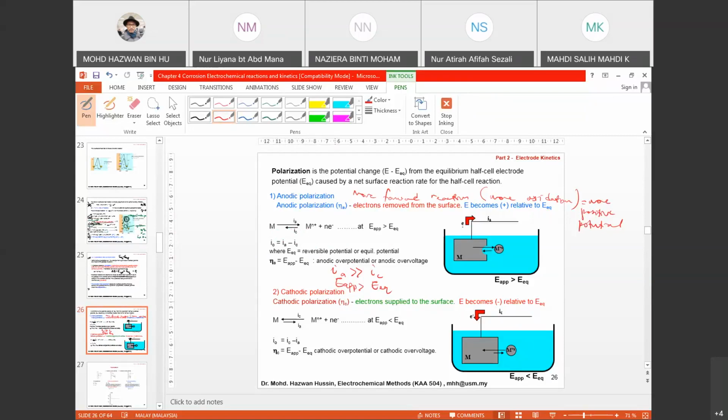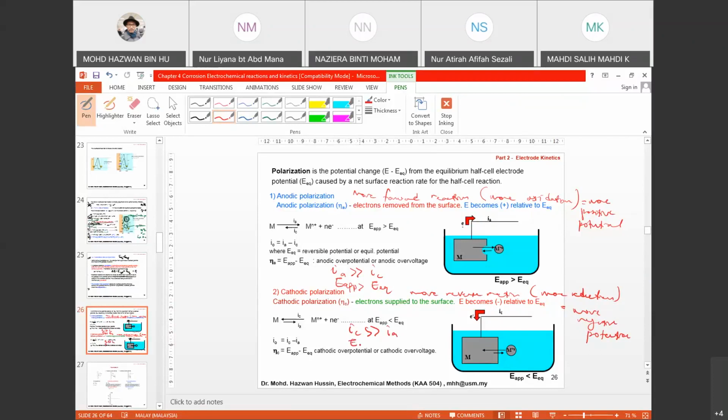And then for cathodic polarization, it means that you have more reverse reaction. This actually means that you have more reduction process. And when you have more reduction, the potential will be more negative. Cathodic current density will be bigger as compared to anodic current density.